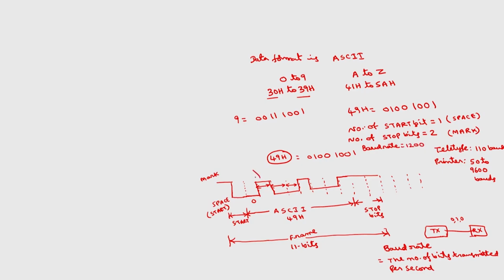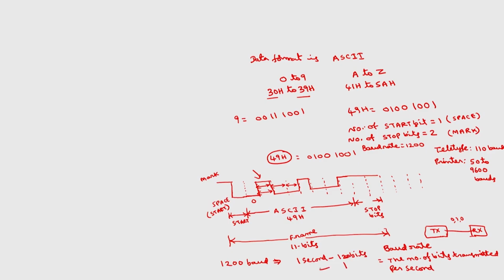then what will be this gap? What will be the duration of this signal? How to compute this? Baud rate is defined as bits per second. 1200 baud implies that in 1 second there are 1200 bits.